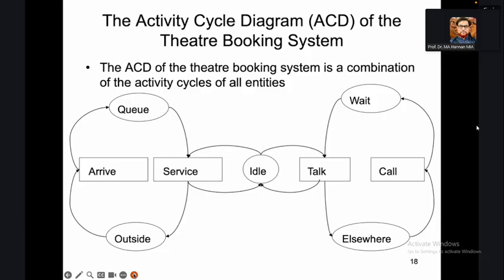Now, to combine a system, all subparts should work together. Okay?